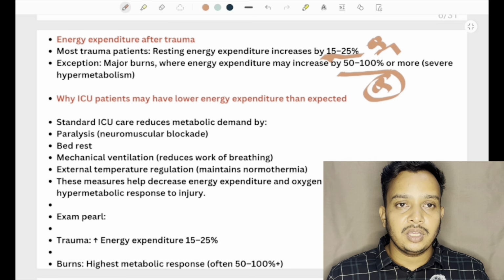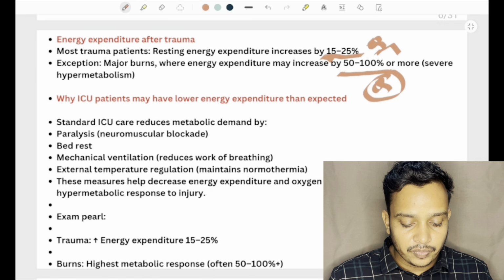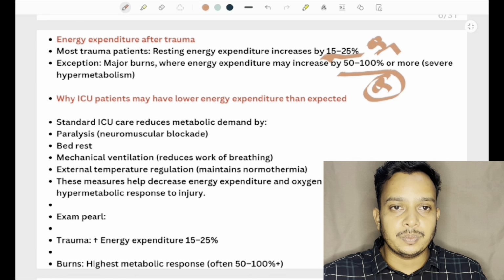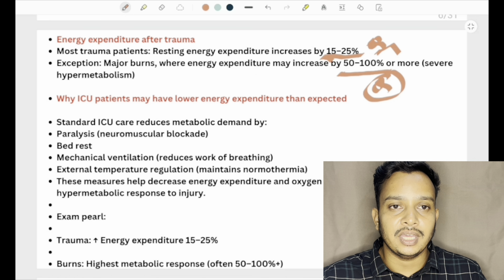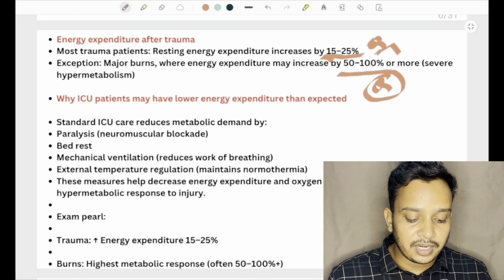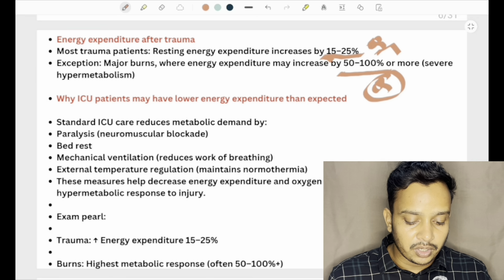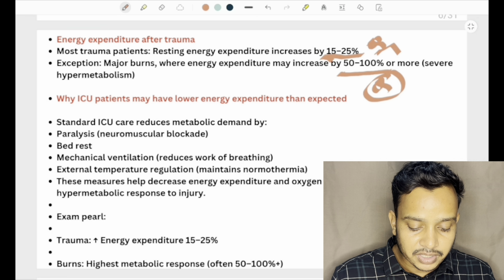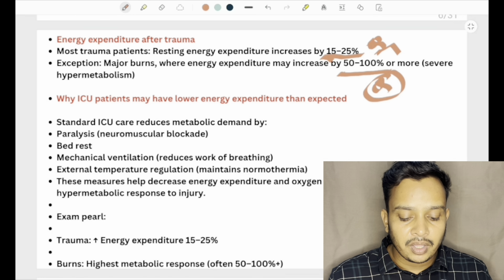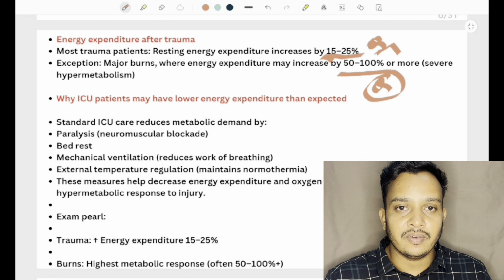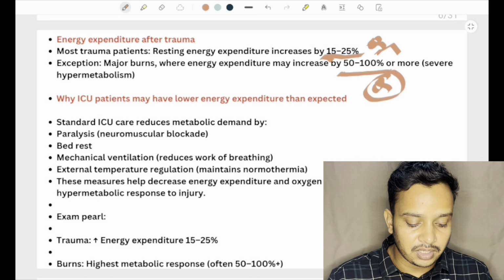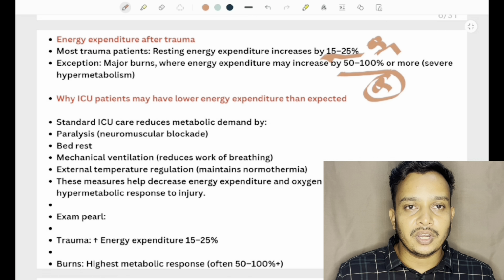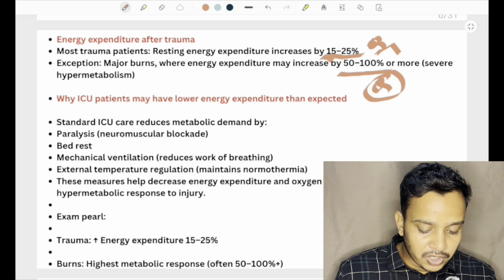How can we keep it under control? Whenever the patient has excessive respiration or irritability, we can sedate the patient and use neuromuscular blockade. Also, in the ICU the patient is on bed rest. If the patient has excessive breathing, tachypnea, or use of accessory muscles, we can intubate and sedate the patient so that it reduces the basal metabolic expenditure.